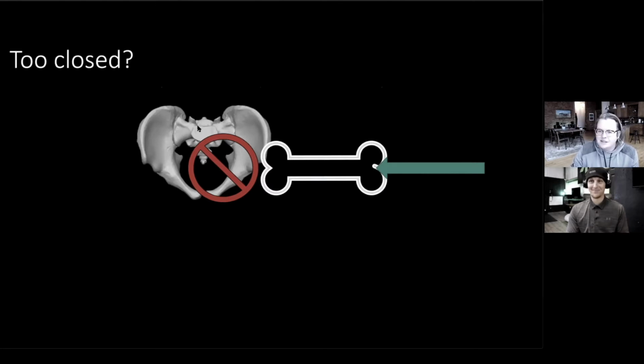If the pelvis is too closed, meaning you're facing third base as a right-hand pitcher, you can see that energy gets transferred through the femur and basically just hits a wall, and that wall is your pelvis. It doesn't cause any form of rotation, so you're not able to get that good energy transfer and move that momentum up.